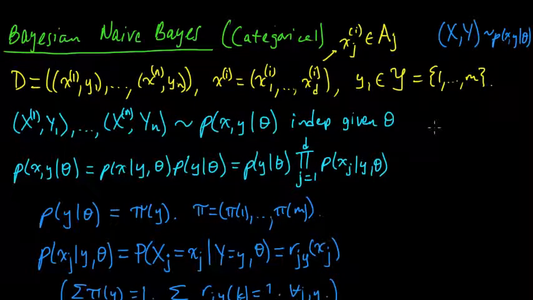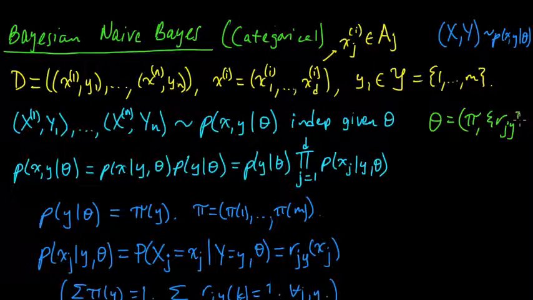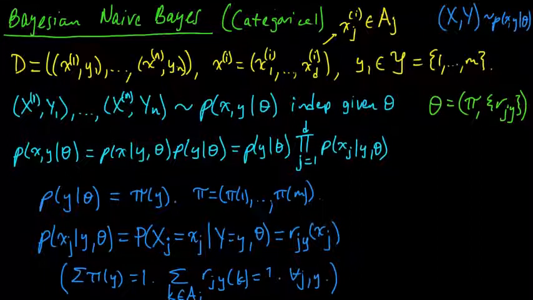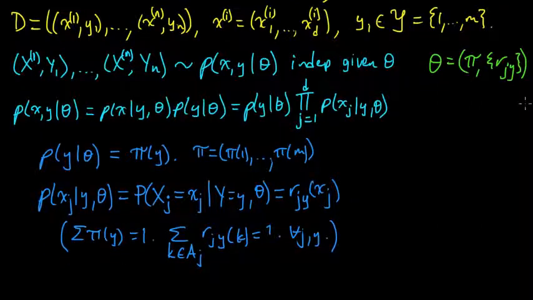Theta is going to be the pair pi and all the different r_jy's. For each j and y, this is a distribution. So this is the set of all those distributions. So theta is all of these different vectors, each of which defines a little categorical distribution. All right. So that's the basic setup, and now we need to put some priors.